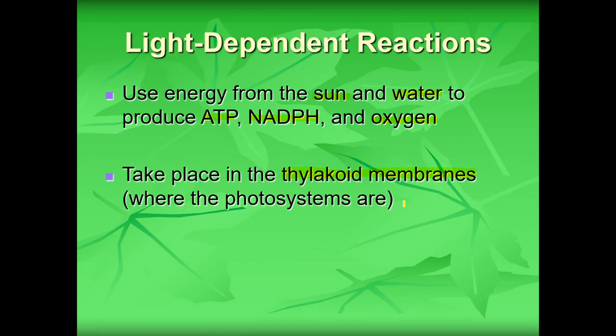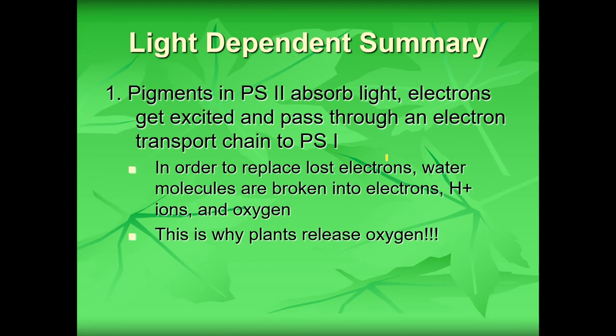This is where you'll find those photosystems. So to kind of give you a bit more detail, okay, the pigments in photosystem 2 absorb light. So you've got the pigments in those photosystems, which are chlorophyll and accessory pigments. When the light hits those pigments, the electrons get excited. And like we mentioned earlier, they're going to move. Now, they are moving toward an electron carrier.